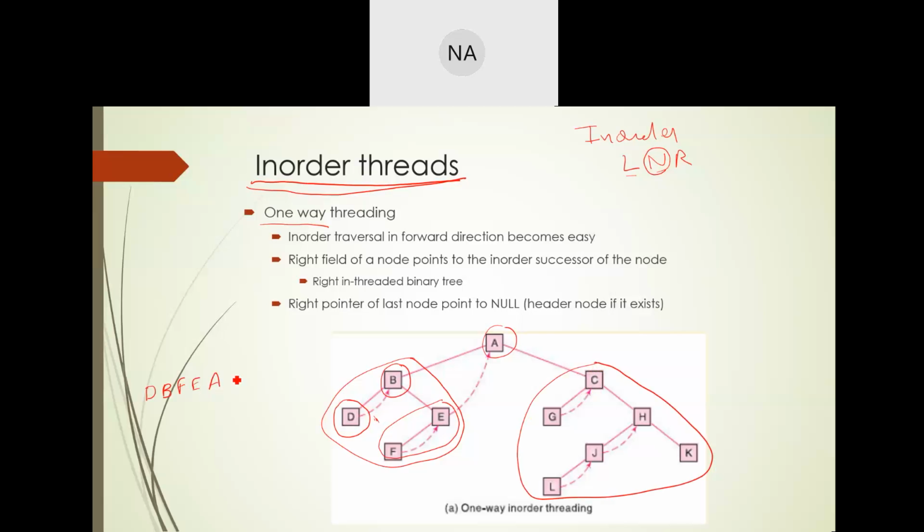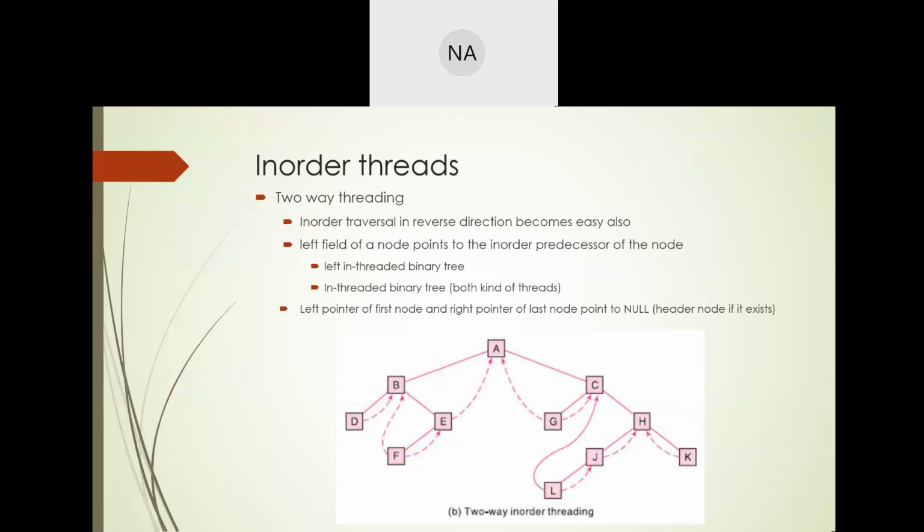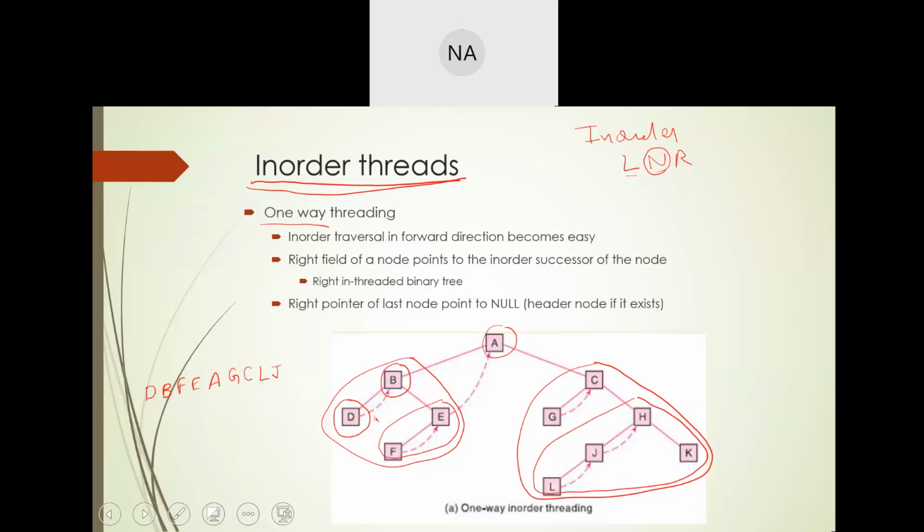So left subtree G will be traversed, then root C, then the right subtree of node C. So it will be L, J, then root H, and then its right subtree, which contains just a single node K. So this is the in-order traversal of this binary tree.